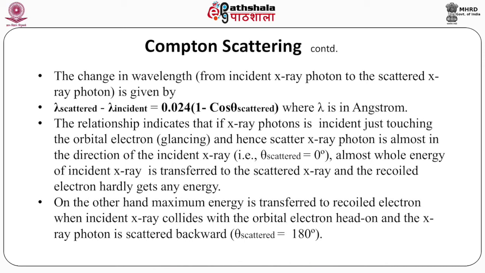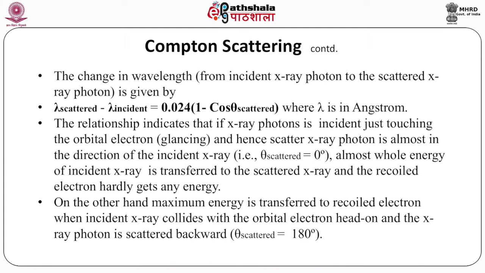This relationship indicates that if the X-ray photon is incident just touching the orbital electron, or glancing, the scattered X-ray photon is almost in the direction of the incident X-ray. It means theta scattered is equal to 0 degrees. Almost the whole energy of the incident X-ray is transferred to the scattered X-ray and the recoiled electron hardly gets any energy.